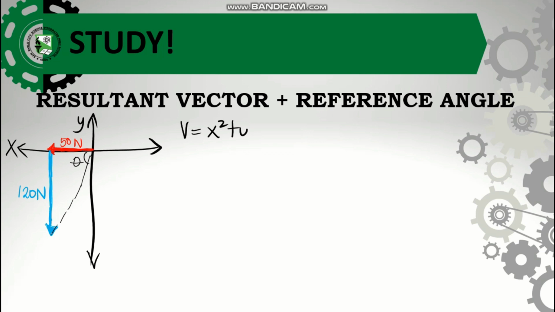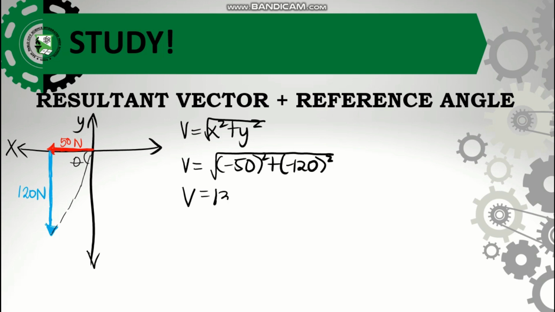Okay, so we're going to find the resultant vector by using Pythagorean, which is again x squared plus y squared, then square root. We're going to put the value inside the formula. So negative 50 squared plus negative 120 squared will be equal to 130 Newton. So with that, the diagonal of our resultant vector here is 130 Newton.